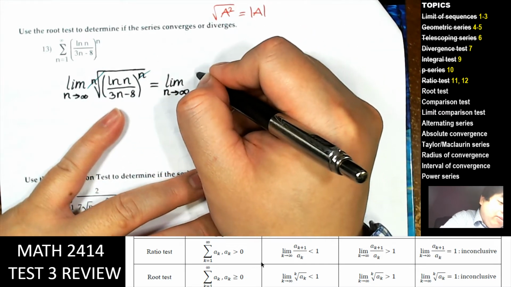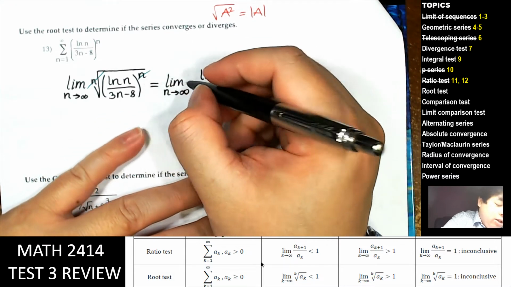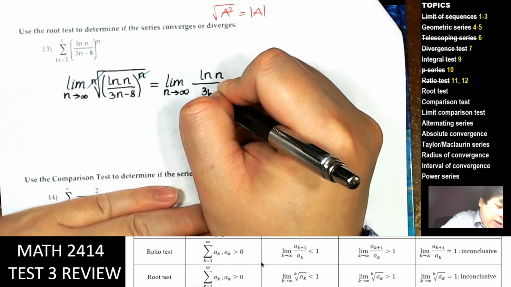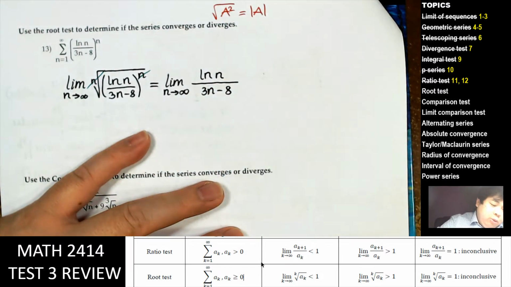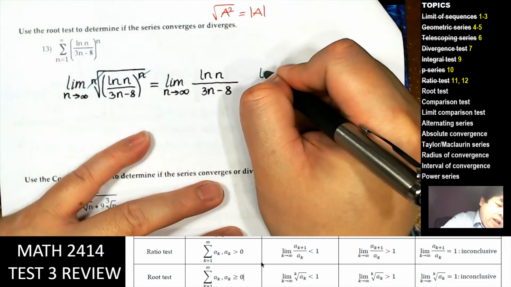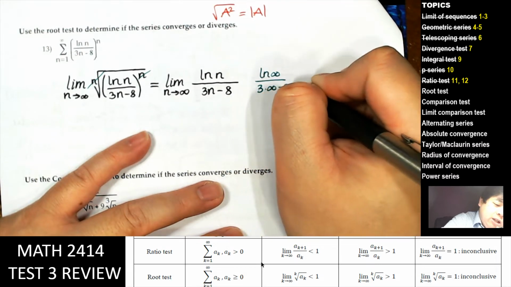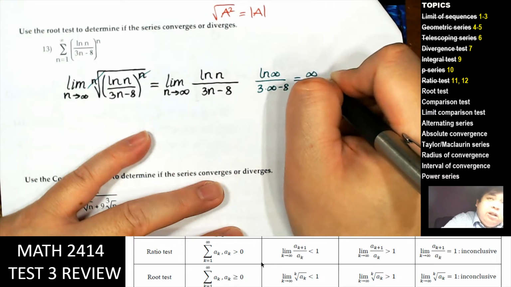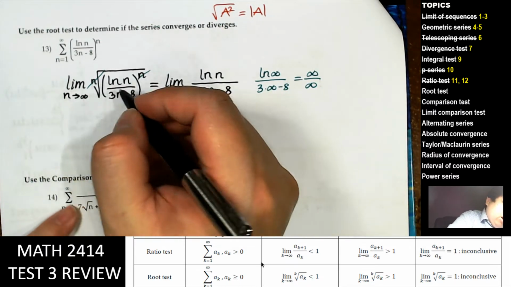Anyway, since the power and the root cancel out, we just have ln of 3n minus 8 here. When we put infinity in here, ln of infinity, 3 times infinity minus 8, infinity over infinity, that is indeterminate. So we use L'Hospital's rule.